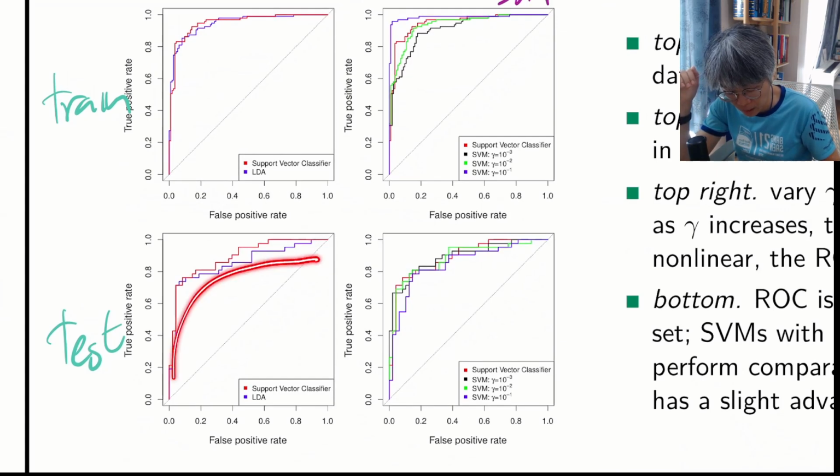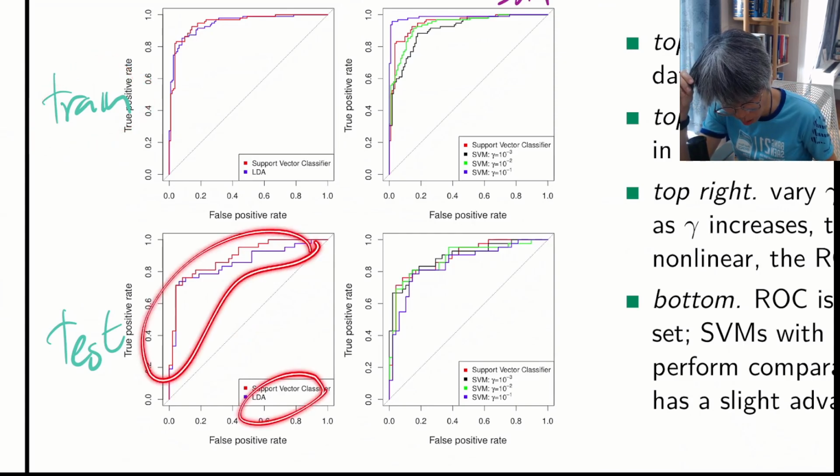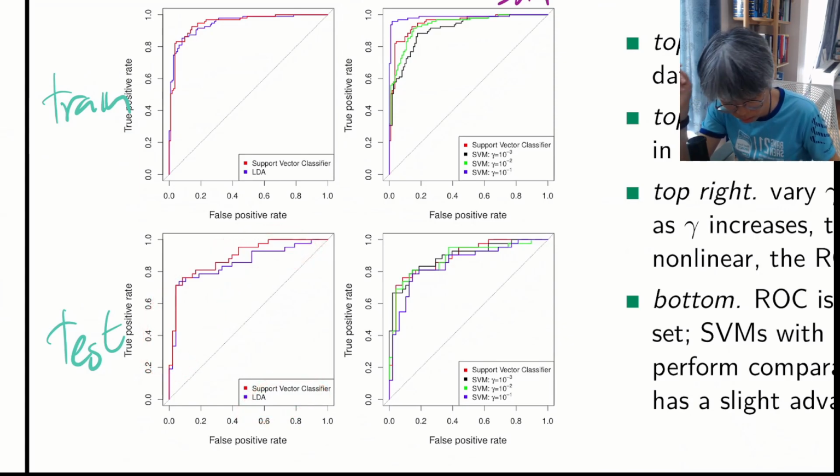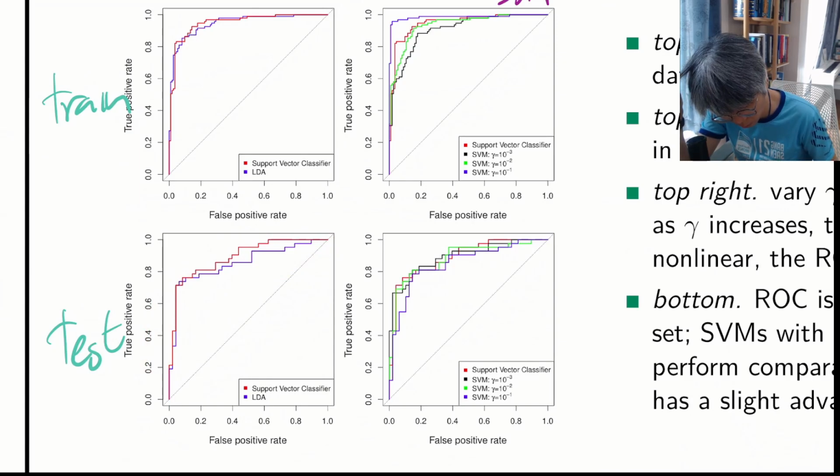So it bends lower in this direction, which means it's worse than the train results. In this case, both of them still perform comparably, with about the same degree. So maybe SVC is slightly better at these operating points.